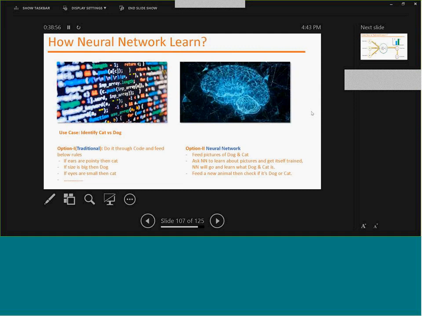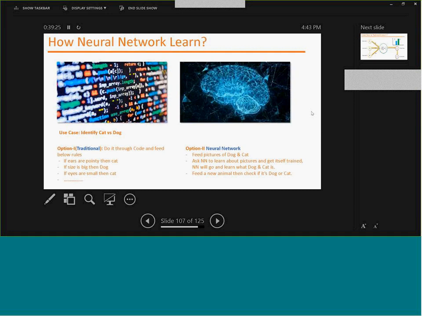So how does a neural network typically work? Let's say that we have one machine learning algorithm and we want to identify cat or dog. How will the traditional algorithm work? First it will try to learn about cat or dog, and it will come up with rules saying that, okay, if the ears are pointy, then it should be a cat. If the eyes are small, then it is a cat. If the size is quite big, then it should be a dog. This is how a traditional algorithm works.